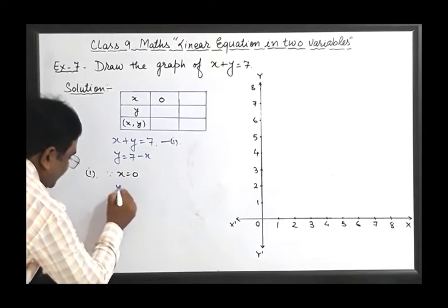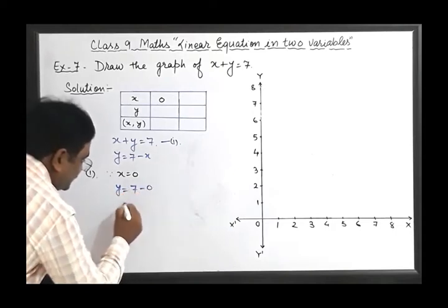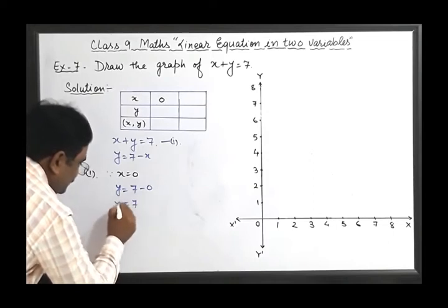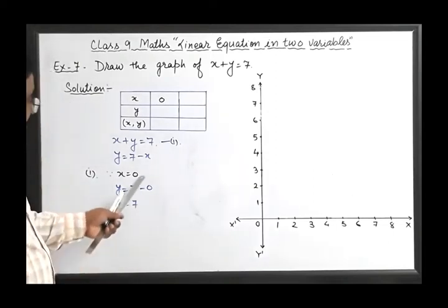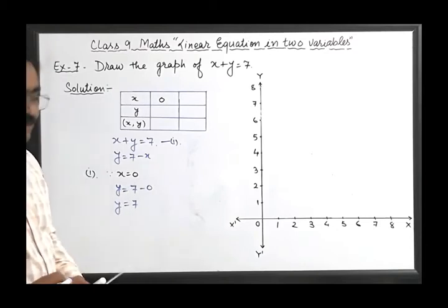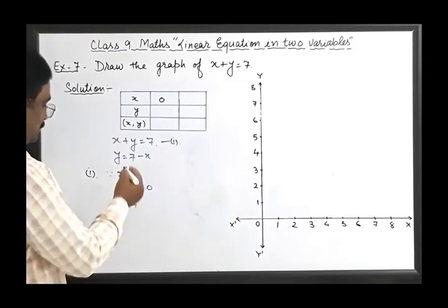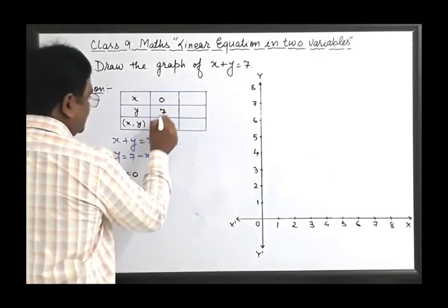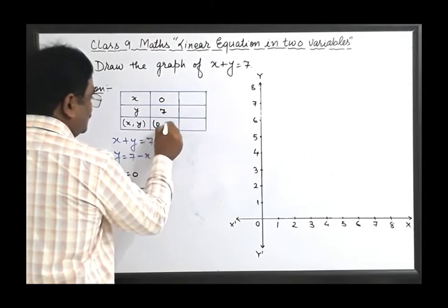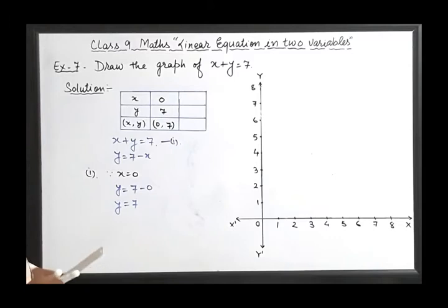You will get y equals 7 minus 0, so y equals 7. This is the corresponding value of y. So as x equals 0, you got y equals 7. So our coordinates become 0, 7.